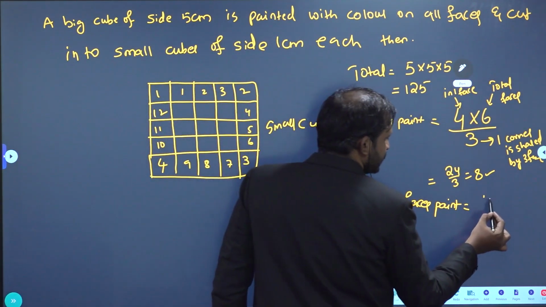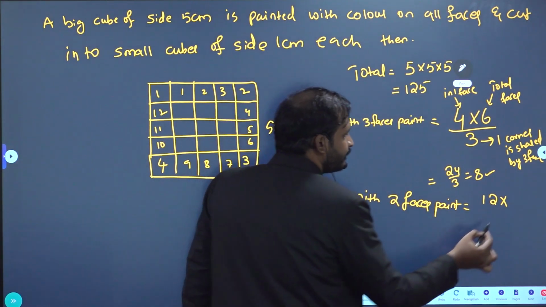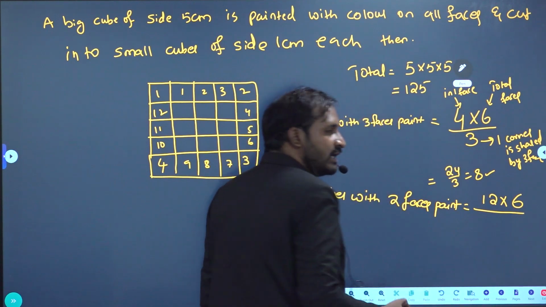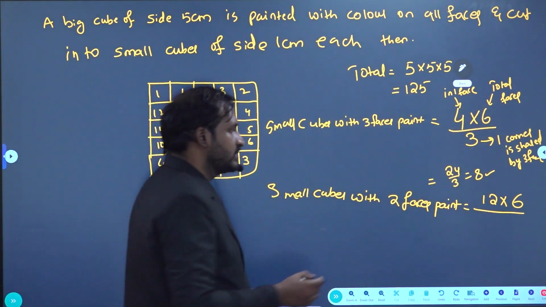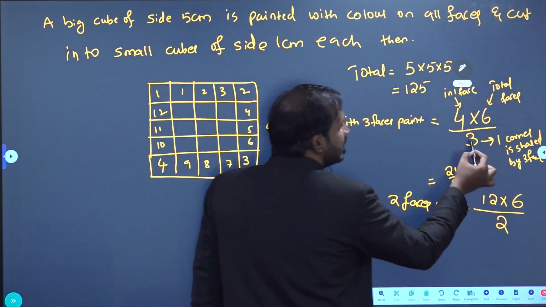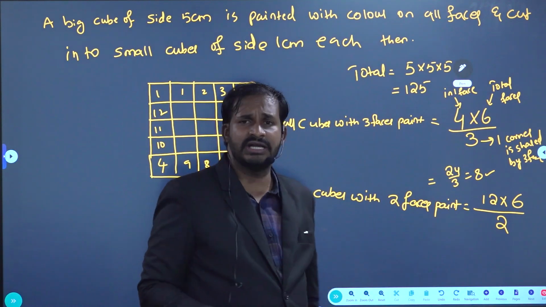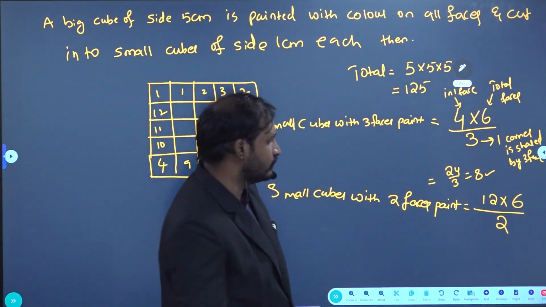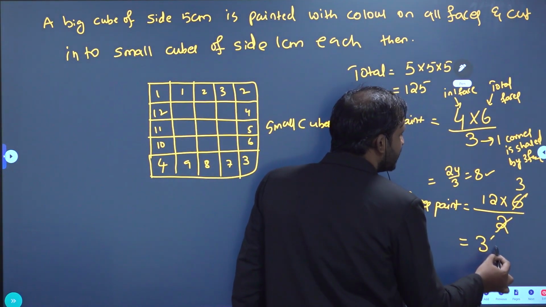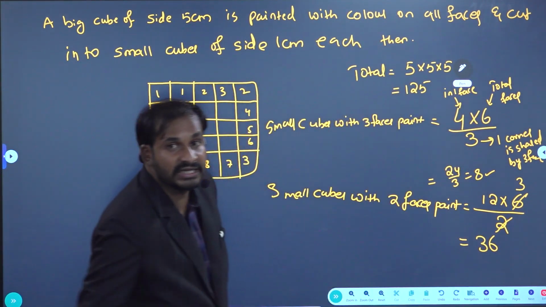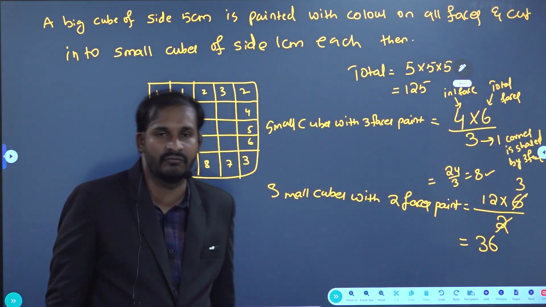Total how many faces do I have? 6 faces. One edge cube is shared between how many faces? 2 faces, so divide by 2. Corner is shared between 3 faces, so I divide by 3. Edge is shared between 2 faces, so I divide by 2. So 12 times 6 by 2 gives 36 cubes that will get paint on 2 faces.